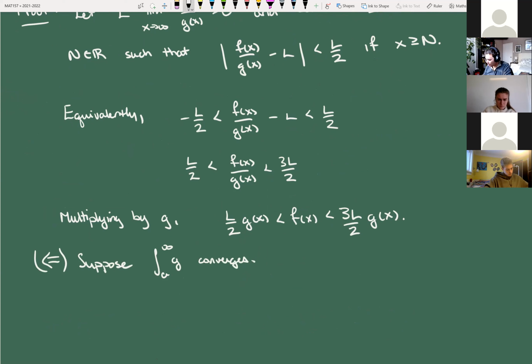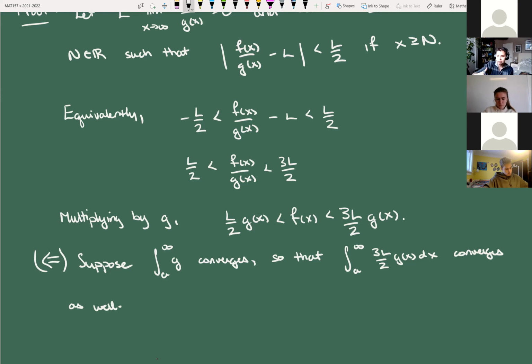Well, if this converges, so too does 3L over 2 g. I guess I didn't explicitly state that the improper integral was itself linear, but it immediately follows by the limit laws.